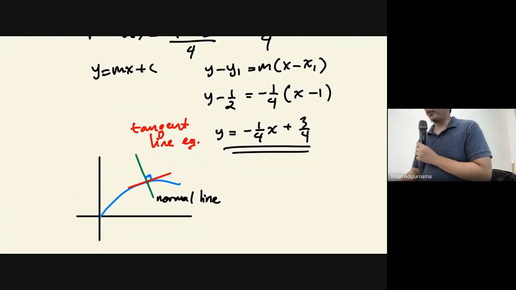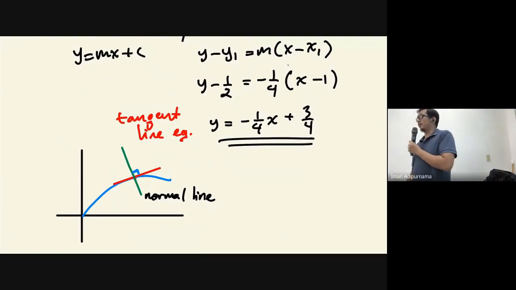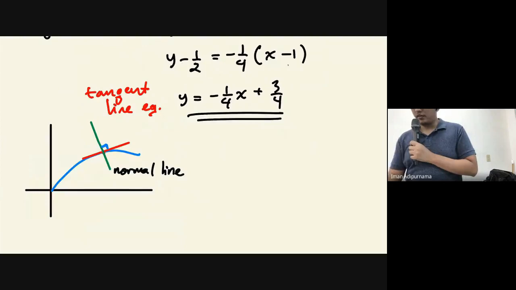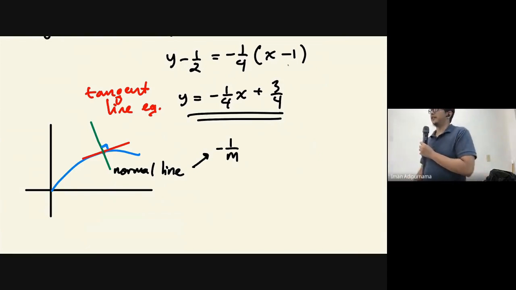Maybe you remember in physics you also have the same term, normal, the big N usually in physics. So the normal is always perpendicular to the tangent. And because of that, your normal gradient will be -1/m, the negative reciprocal, which means you need to switch the gradient.